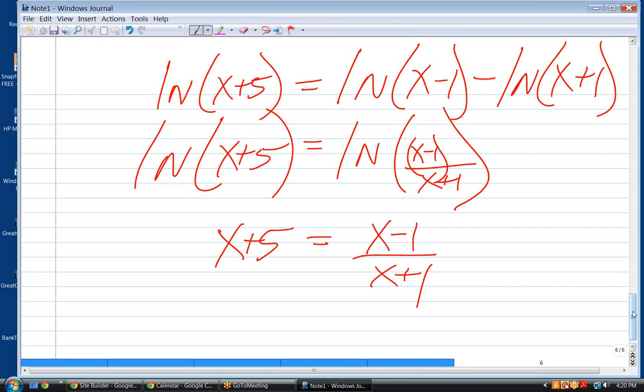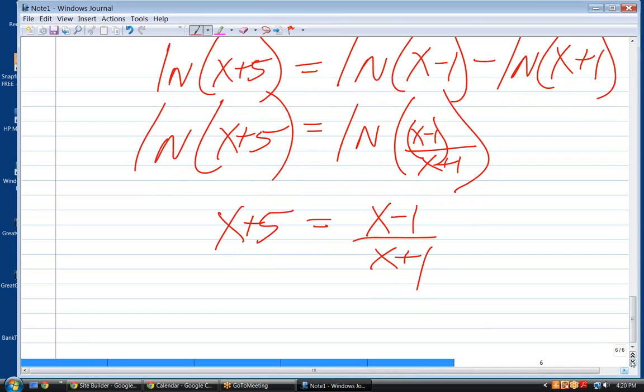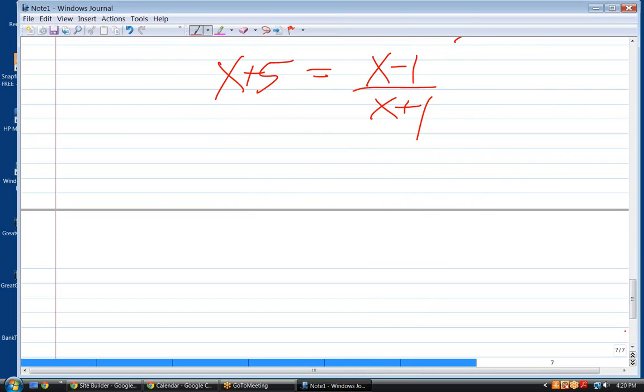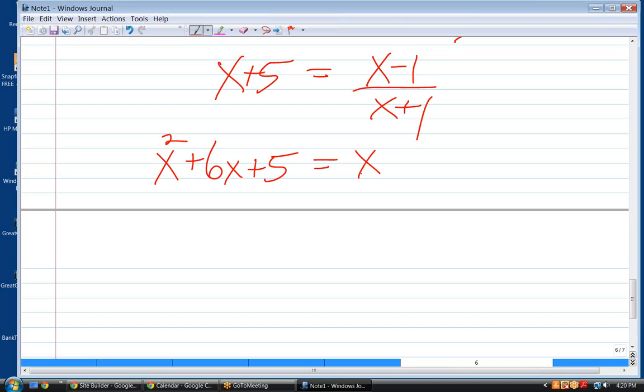How do I solve that? And then I guess you'd multiply each side by x plus 1. So on the left side, I get x squared plus 6x plus 5 equals x minus 1.